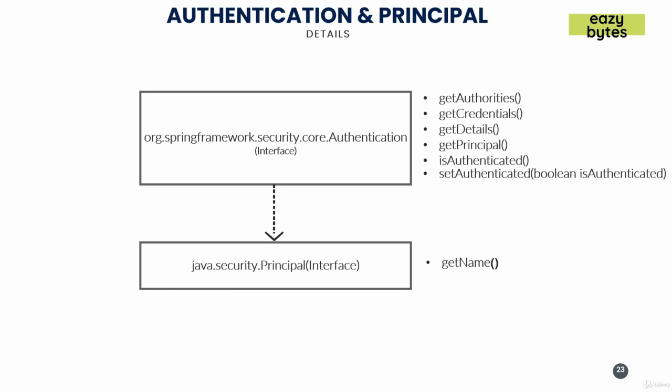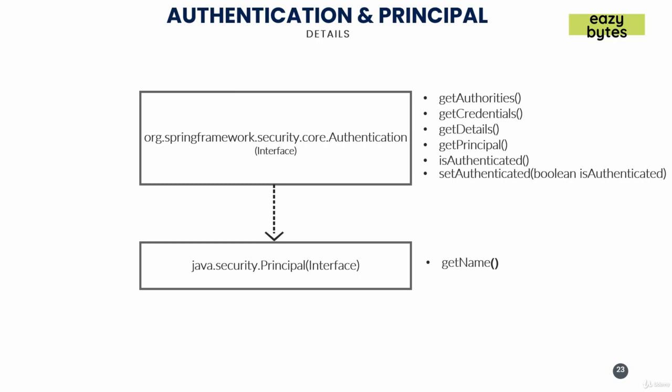And setAuthenticated is the method that we use whenever we want to change the authentication of the user to true or false. So now we understand authentication is an important interface maintained by Spring Security, and it has all the associated details of a user while performing authentication.